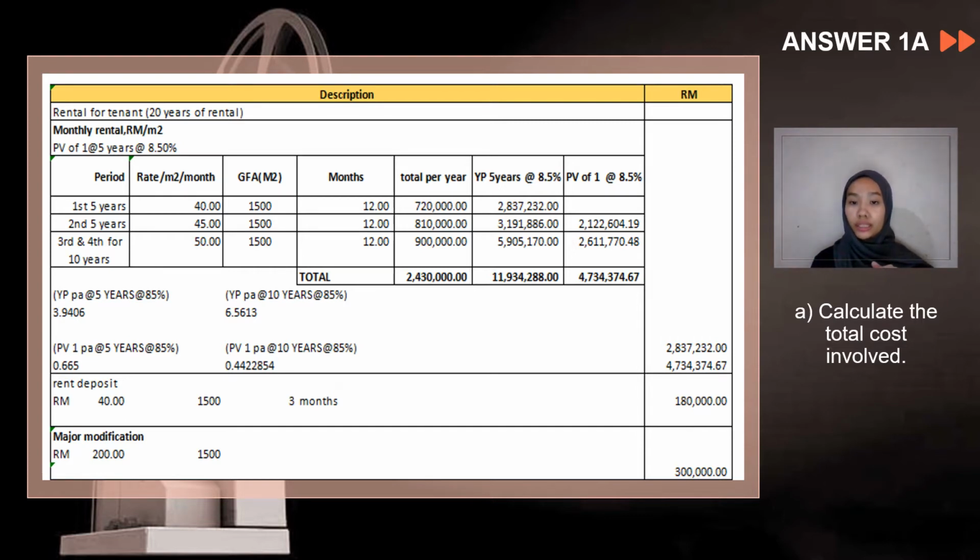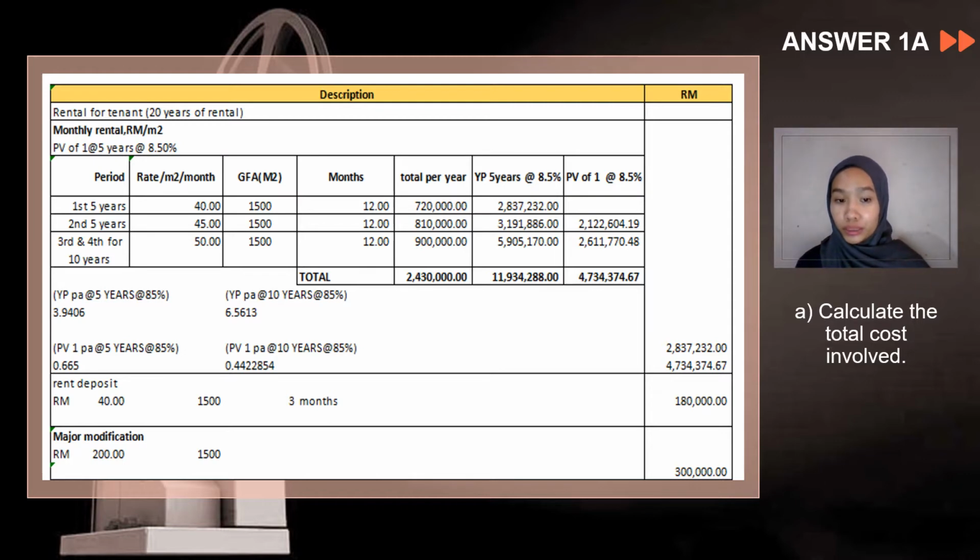For the years purchase, we use 10 years purchase at 8.5% interest rate, and for the present value of 1, also using 10 years and 8.5% interest rate. The total is around 7 million.